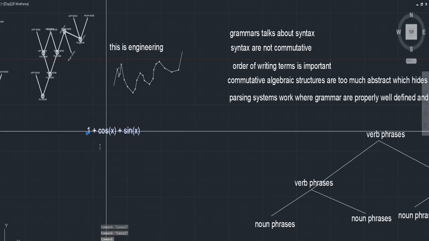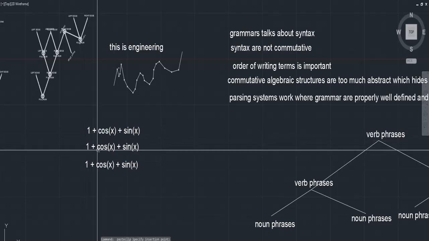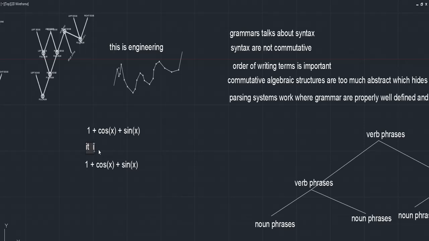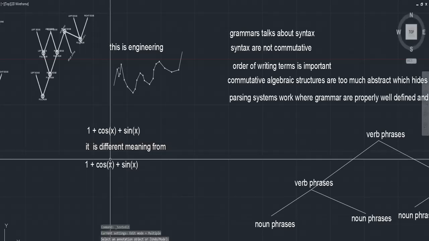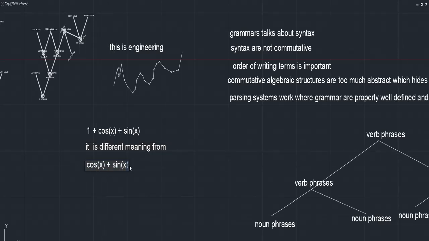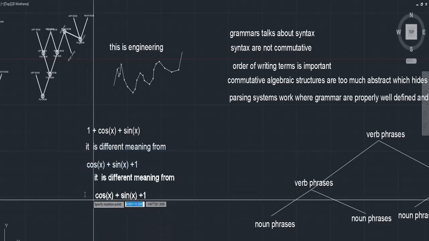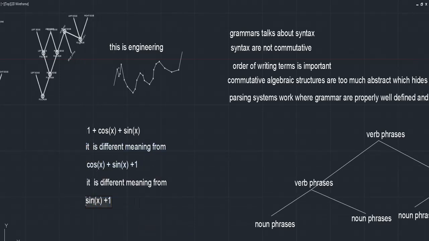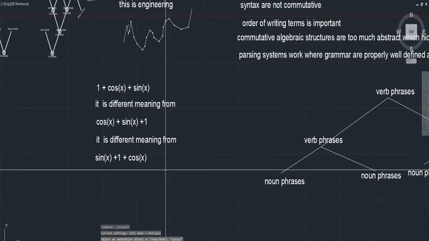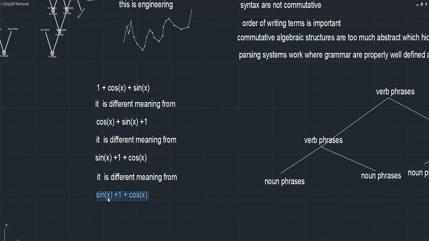That has a different meaning from cos x plus sin x plus 1, and it has a different meaning from sin x plus 1 plus cos x, and from sin x plus cos x plus 1, and these all have different meanings.